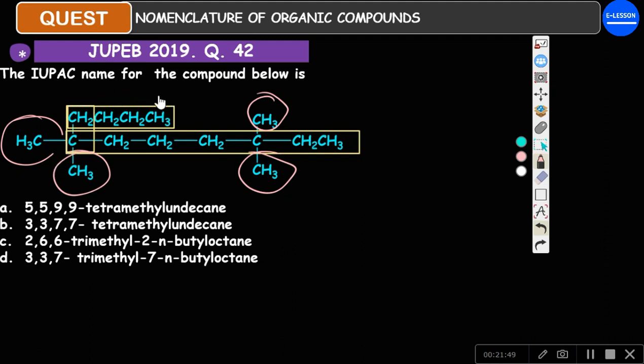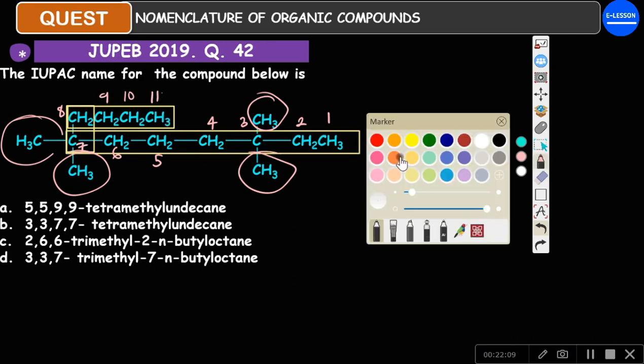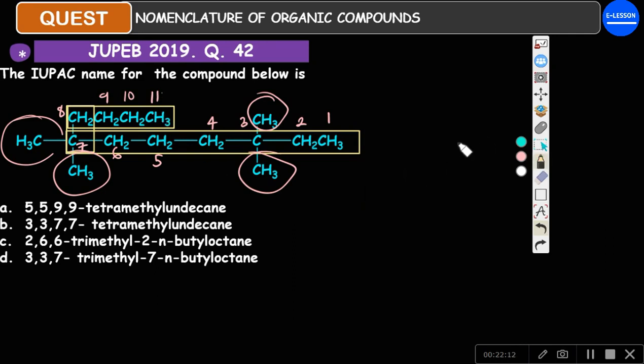Now, if you count from this side, this is 1, 2, 3. Now, we got to the first substituent at position number 3. Then you have here is 4, 5, 6, 7, 8, 9, 10, and 11. So that is the numbering pattern for this question, right?